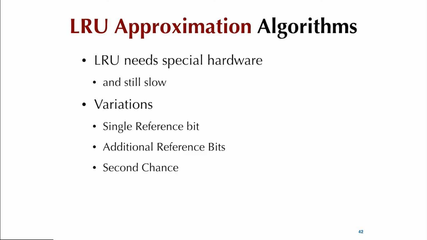Okay, there are a number of LRU approximation algorithms. You say, really, another approximation? Yes, because OPT is not possible to implement exactly, so you have to approximate it using LRU. But LRU itself, as you can see, is kind of a hassle to do, and it's difficult for hardware to do the linked list maintenance for you.